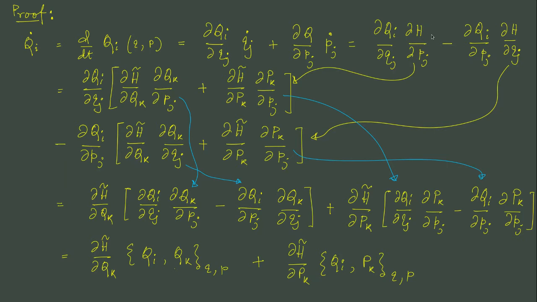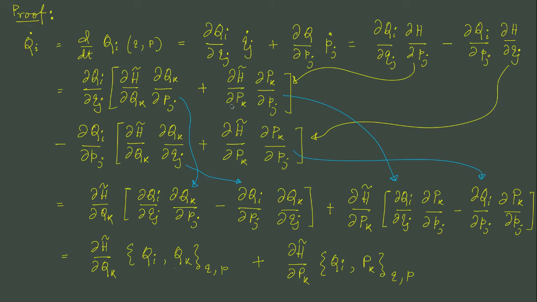This Hamiltonian, remember, we can simply write it as H tilde, where H tilde is the Hamiltonian, a function of capital Q, capital P, the new canonical variables. In that case, this partial derivative can be expanded in this form: ∂H̃/∂Qk times ∂Qk/∂pj.